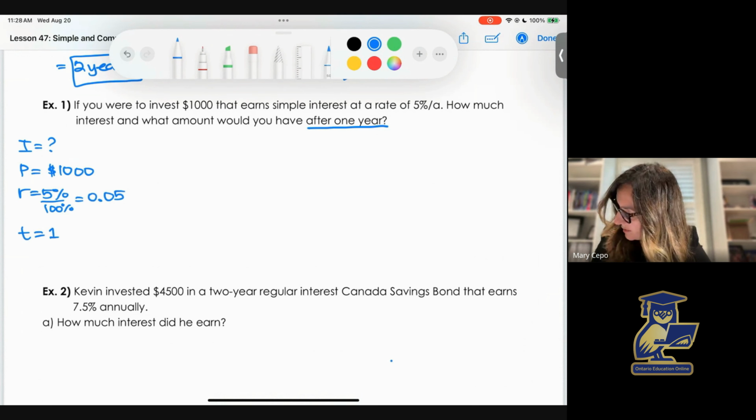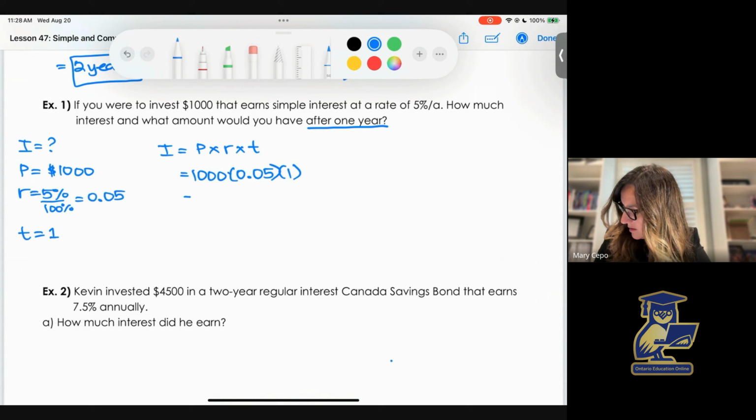Now, interest would be principal times rate times time. Principal of $1,000 times 0.05 times 1 equals $50. That would be the amount of the interest.